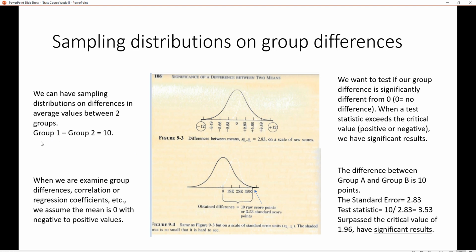So group 1 in this example has a higher value, so after we subtract the value of group 2, we see that it's a positive value of 10. If we switched it around and group 2 had the higher value, or if group 1 had the lower value, we subtract it, then we would be left with the negative 10.